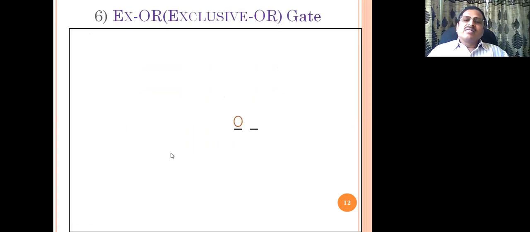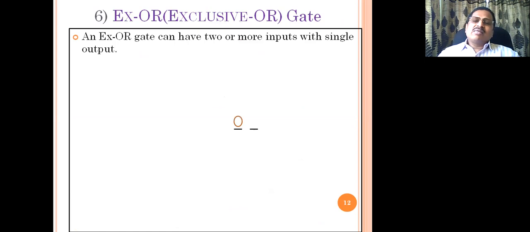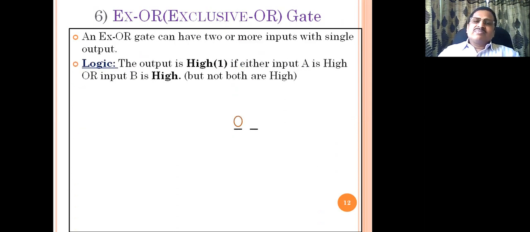Then the next type of derived logic gate, the sixth one: the Exclusive OR gate, also called the XOR gate. We'll define it here with the help of the symbol of the XOR gate. The Exclusive OR gate has 2 inputs or more than 2 inputs with a single output, like all previous logic gates.